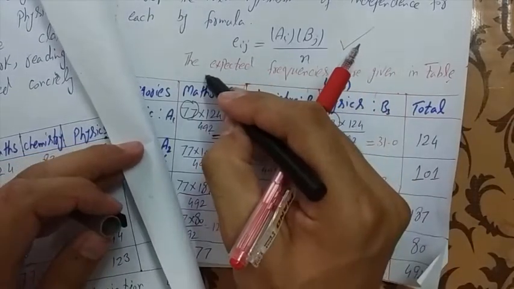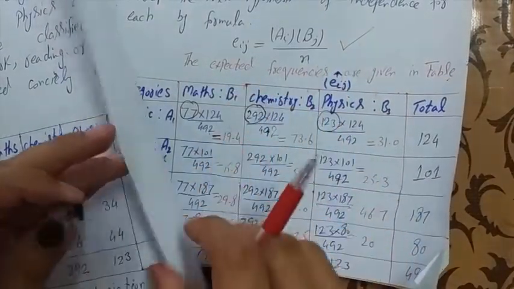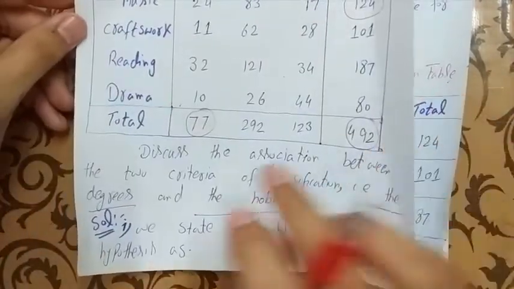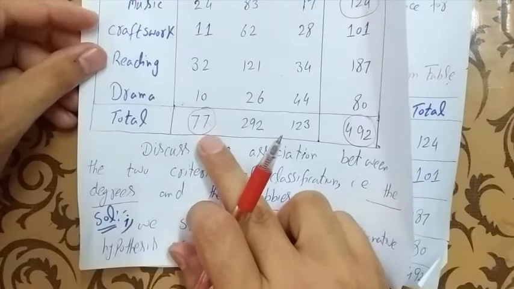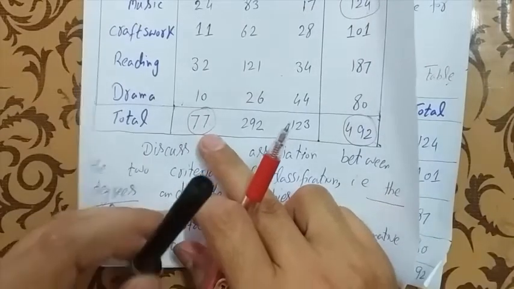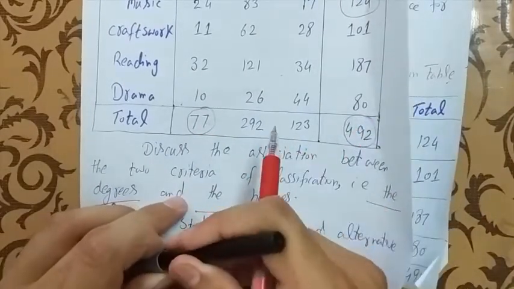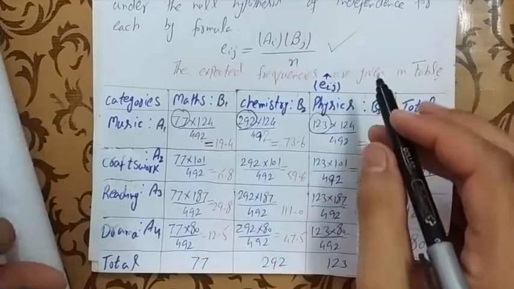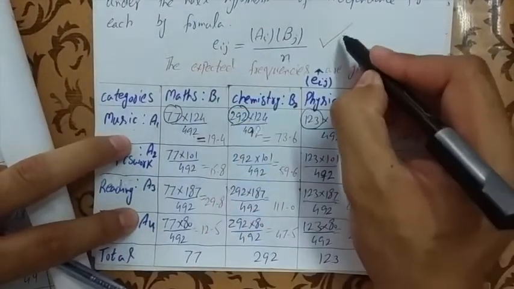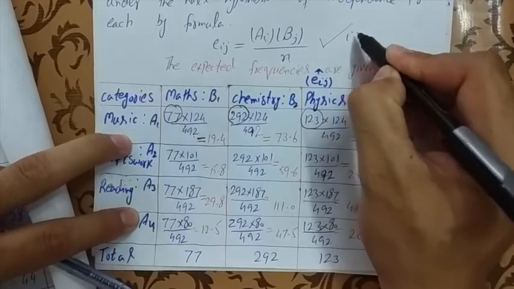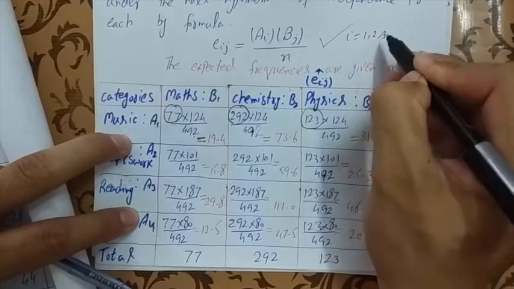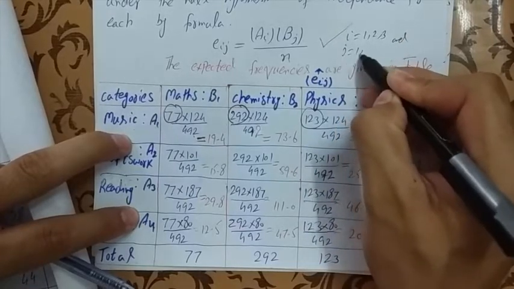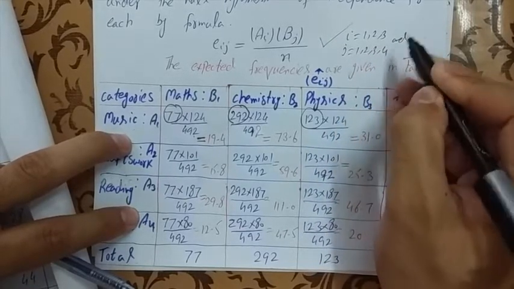Class, see it clearly. Here i is equal to 1, 2, 3, and j is equal to 1, 2, 3 and 4.